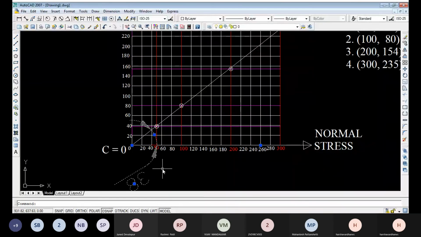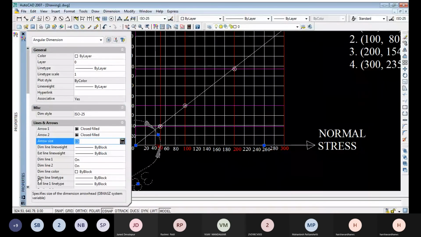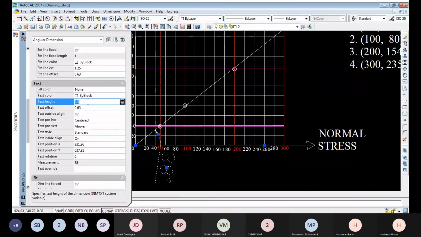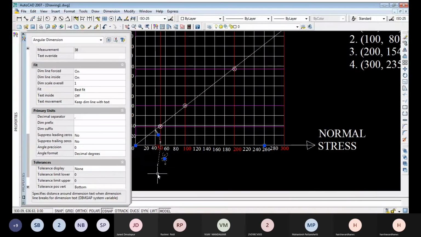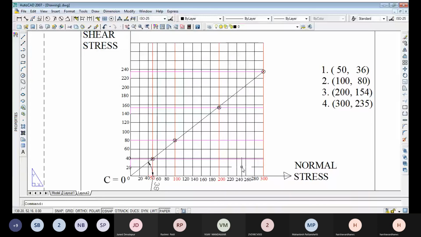I can change this: just right click, properties, and in properties reduce the arrow size to, let's say, 0.75, and reduce the text height to 0.75, or if it is too less, I'll increase it to 1. Okay, so the angle is 38 degrees. So this is the graph. All of you are getting the same answer.